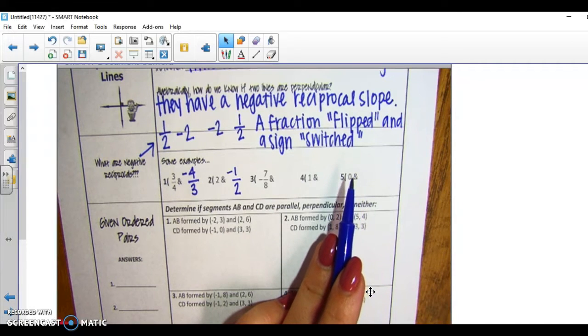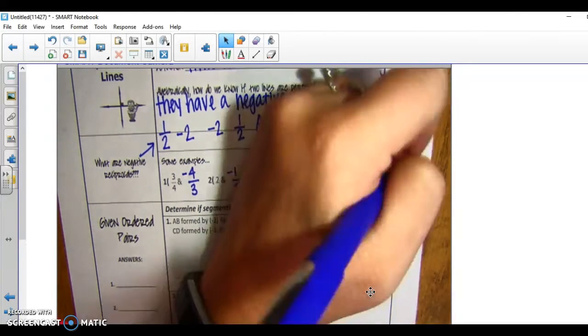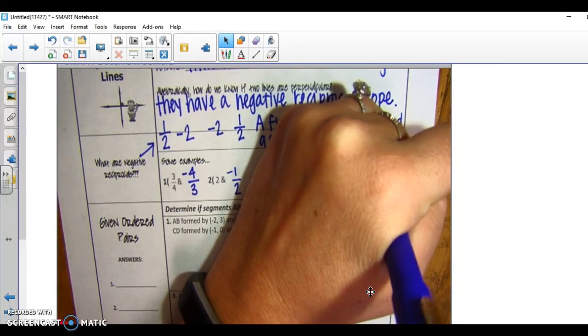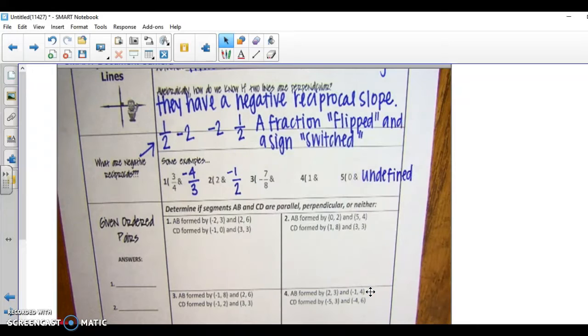So number 5, the opposite of 0 in this instance is going to be undefined. Because if you think about a graph, if we have a line with a 0 slope, then the opposite of that 0 slope is going to be an undefined slope.